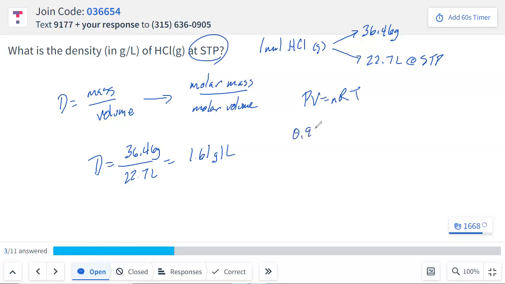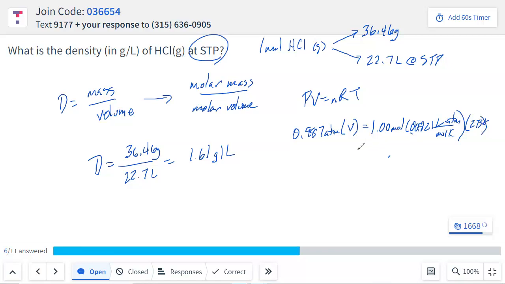So 0.987 atmospheres times volume is equal to 1 mole times R, 0.0821 liter atmospheres over mole Kelvin, and 273 Kelvin as my temperature.